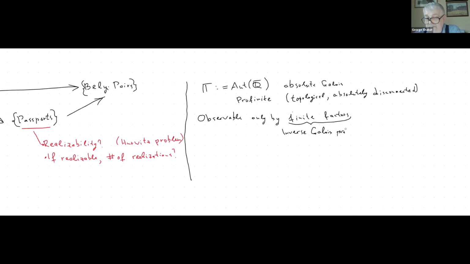Given a finite group J, does there exist a normal subgroup in the absolute Galois group whose factor is J?